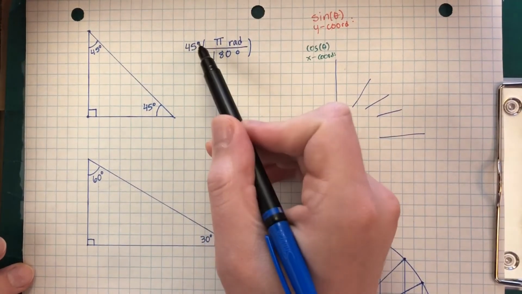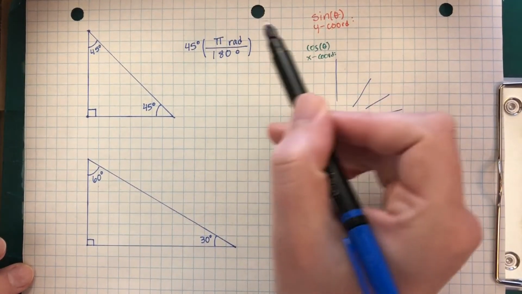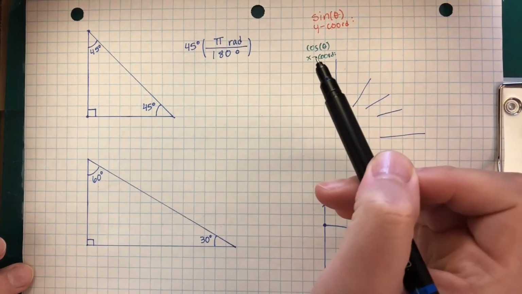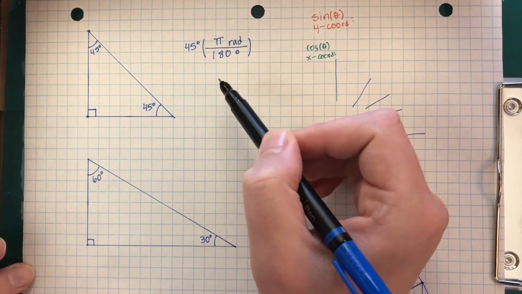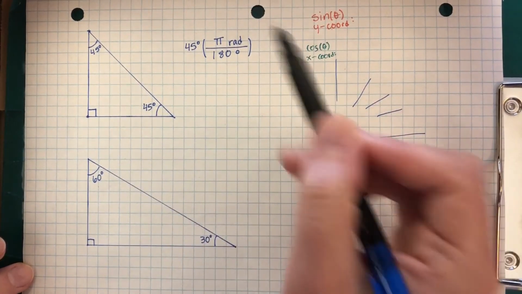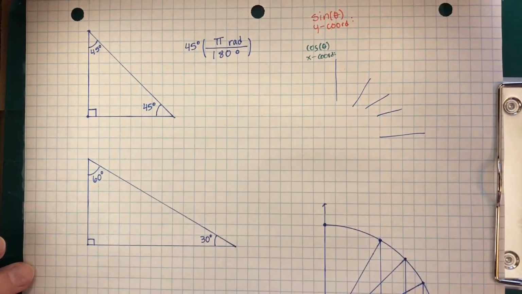So I'm taking 45 degrees, I'm converting it to radians by dividing by a number of degrees, multiplying by a number of radians. The top and bottom of this fraction are equal to each other. Both pi radians and 180 degrees refer to halfway around a circle.